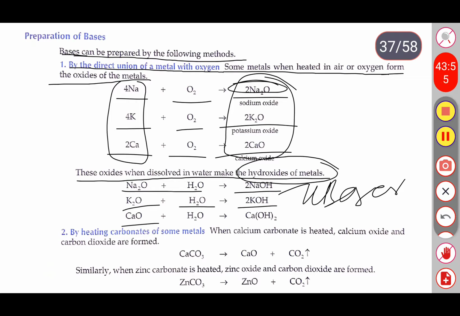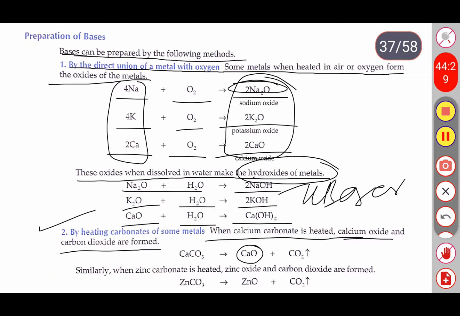Second one, by heating carbonates of some metals. In the previous slide we already discussed, no? When calcium carbonate is strongly heated, calcium oxide and carbon dioxide are produced. So calcium oxide is one type of base. So CaCO3, calcium carbonate, when strongly heated, decomposes into calcium oxide and carbon dioxide.